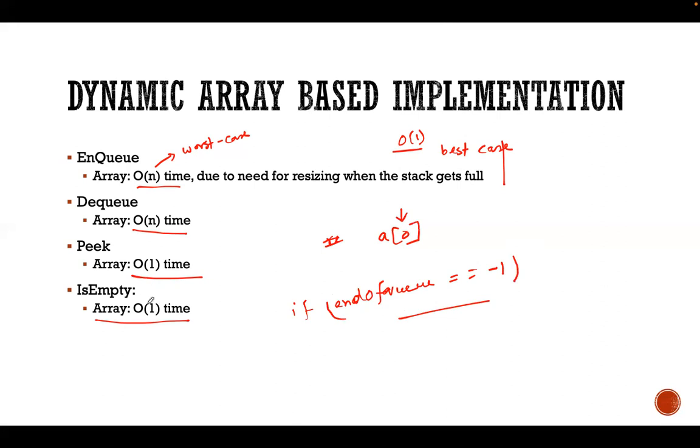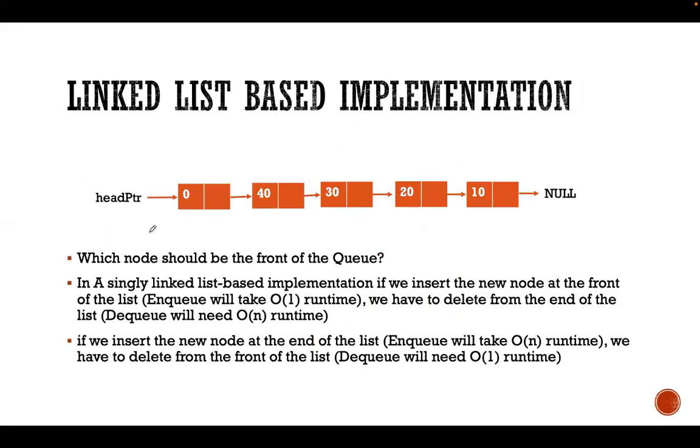Now it looks like in the array based implementation, both NQ and DQ take order of n. So if we need a lot of NQ and DQ operations, in each case it is going to take order of n runtime. As we said in our earlier discussion, preferably we want to implement it using order of 1 runtime.